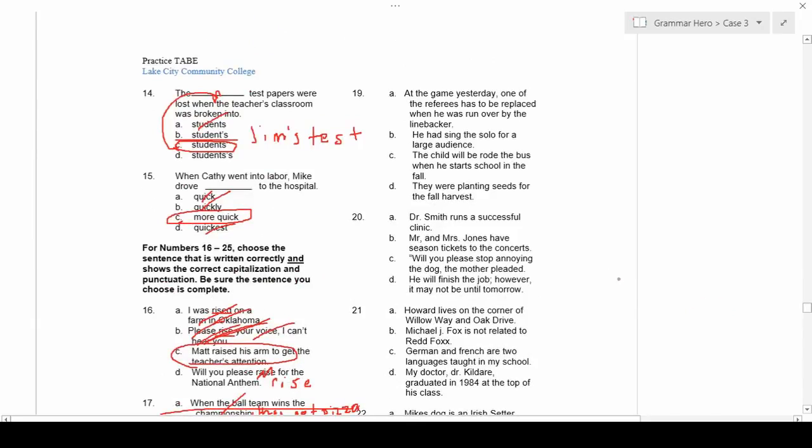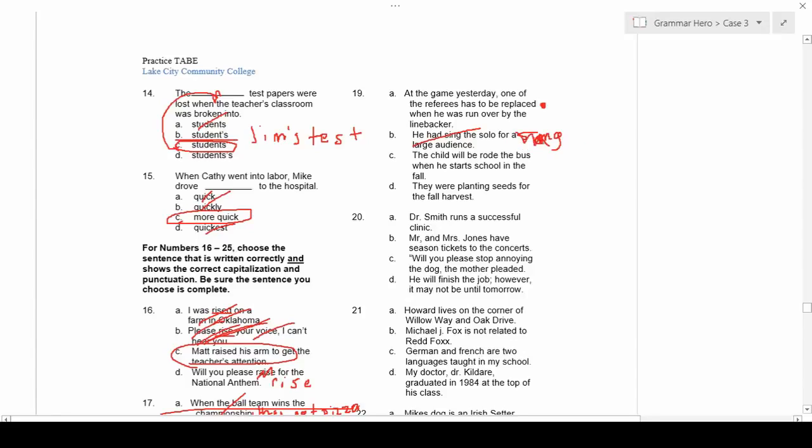19. "At the game yesterday, one of the referees had to be replaced when he was run over by a linebacker." Not bad. So I'm going to mark that one as not bad. "He had sing the solo." No, sung. So we can rule that one out. Or he sang. "He had sang the solo."